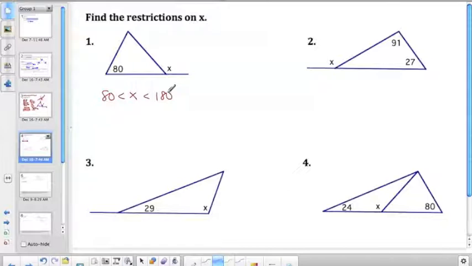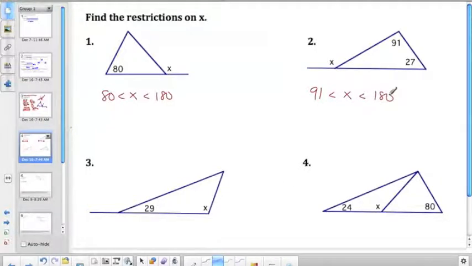Over here, x is an exterior angle again. So in problem 2, x is an exterior angle. And it's got to be bigger than 27, and it's got to be bigger than 91. So what we can say is that if x is bigger than 91, it's guaranteed to be bigger than 27. So we'll say x is bigger than 91, but less than 180.